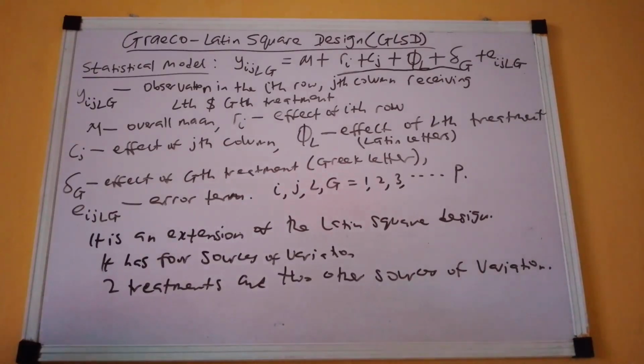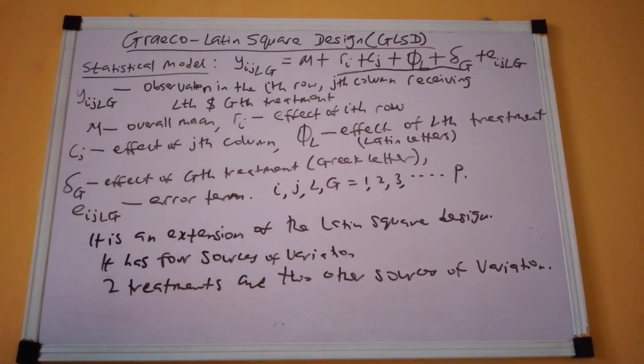The major point here is that each Latin letter appears once and only once in each row and each column, while each Greek letter appears once and only once in each row and column. I repeat, each Latin letter and each Greek letter appears once and only once in each row and in each column.